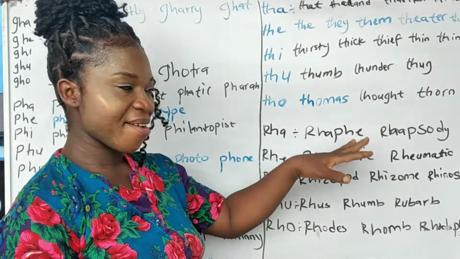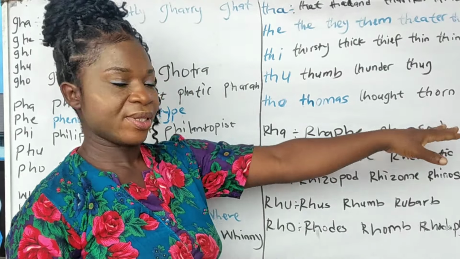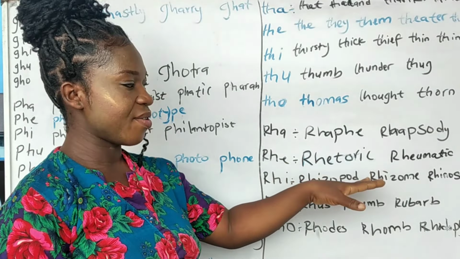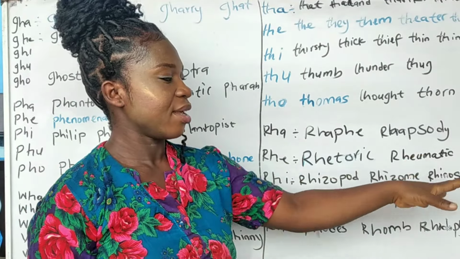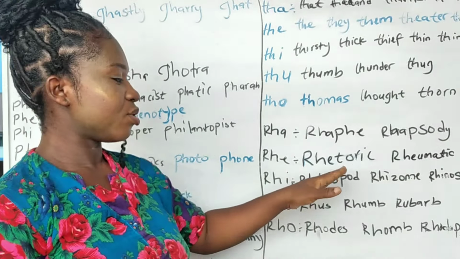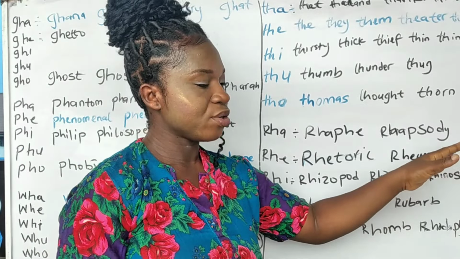We have Rafi, we have rhapsody, rhetoric, we have rheumatic, and we have real, rhizopod, rhizone, and rhinoscope.